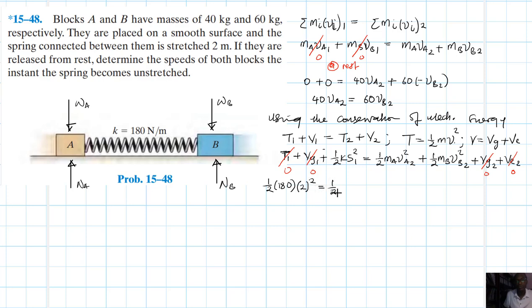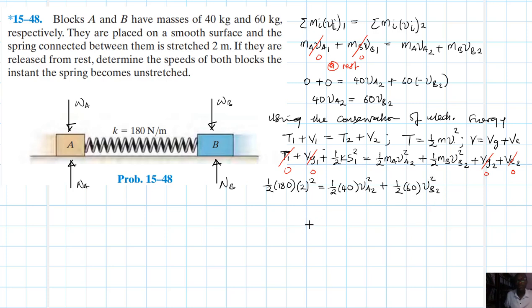This is just equal to half mA, which is 40, vA2 squared, plus half 60 vB2 squared.